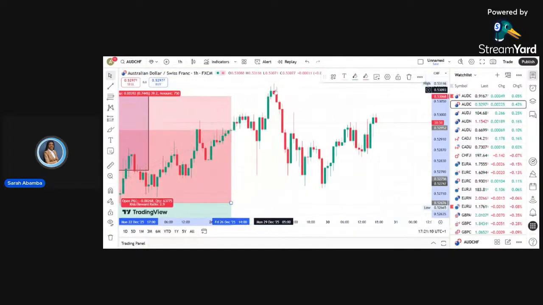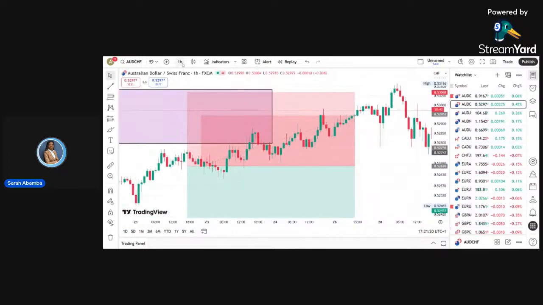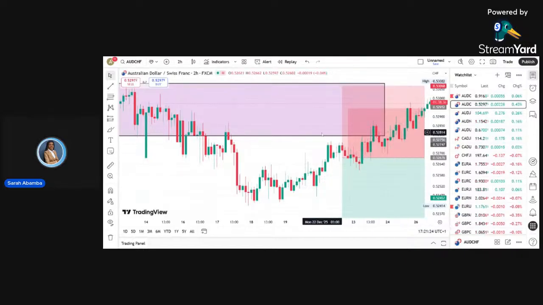Look at this bearish pin bar that was here. Recently, the market just started dropping, and it was actually formed at a resistance. It was just dancing around the resistance before the pin bar was formed and the market actually dropped.